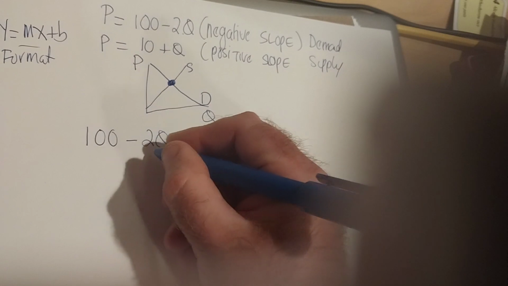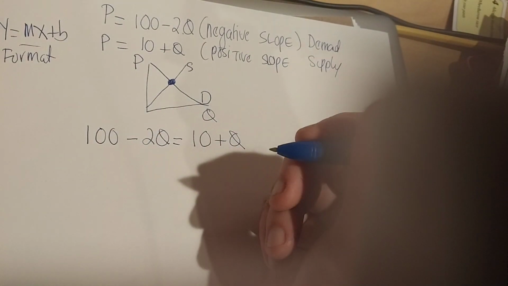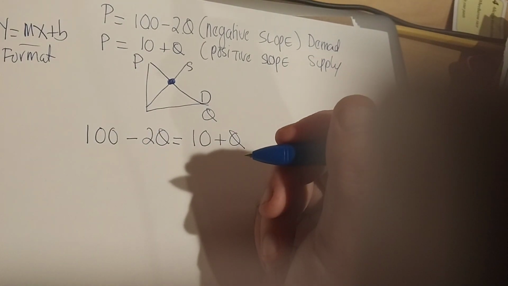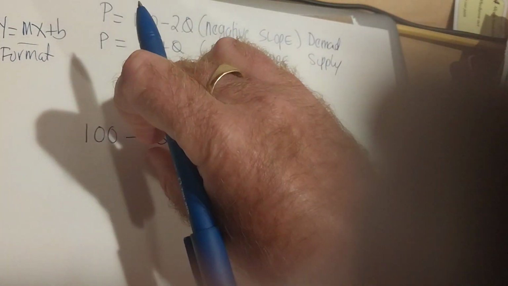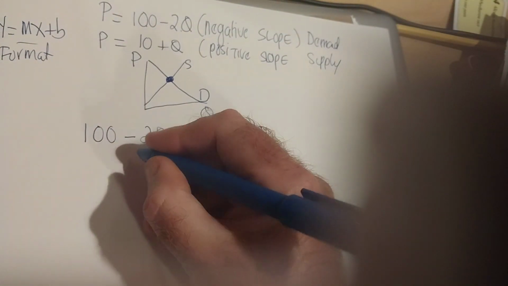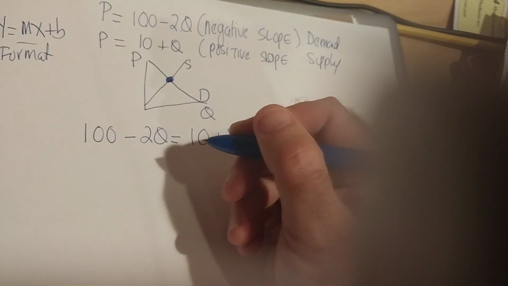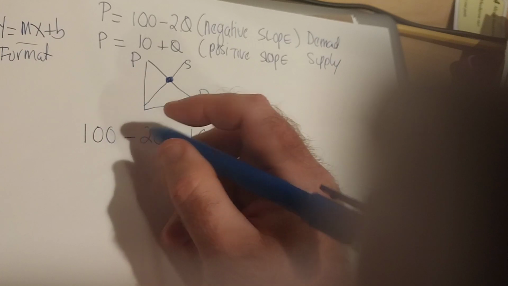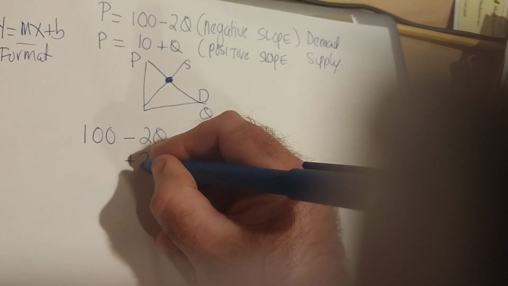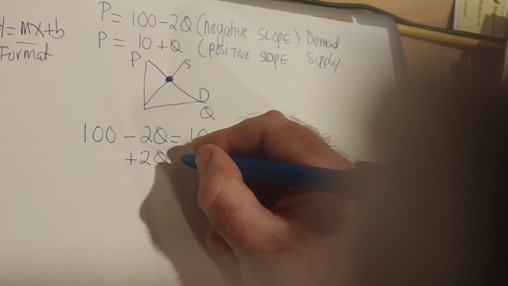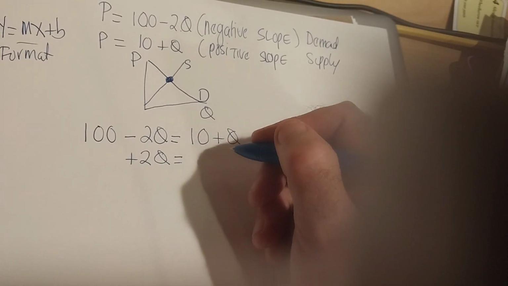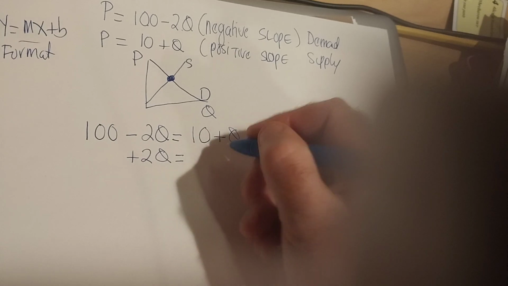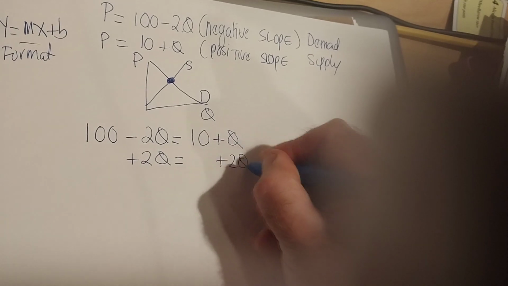So what we're going to do is we want to get rid of this 2Q, right? So we want to bring it over here, but we can't just say, hey, come on over. That's going to mess up our balance, right? So since it's a negative, we're going to add 2Q, and we're going to add 2Q over here.